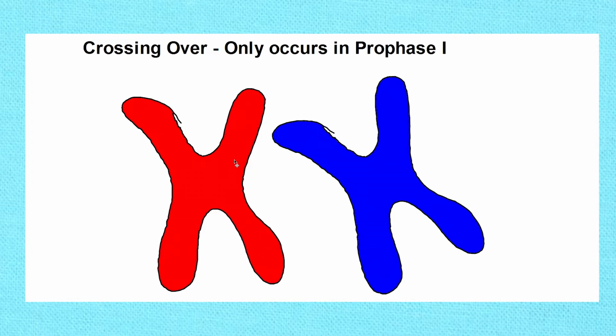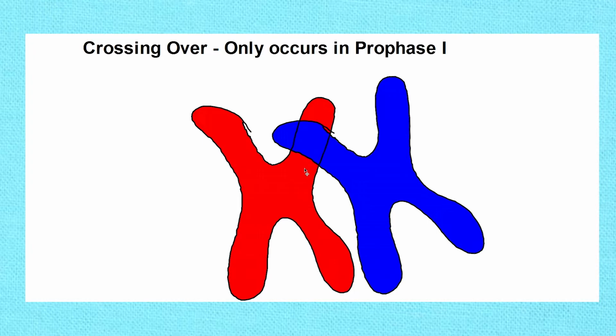Mitosis would create 2 reds and 2 blues, so that when we split, each cell ends up with the red and the blue, and we end up exactly like this. Meiosis, however, does not want this. The X's are actually going to overlap. And where they overlap, they are actually going to smudge or kind of exchange some of their DNA onto the other so that they can crisscross some of the blue and the red.